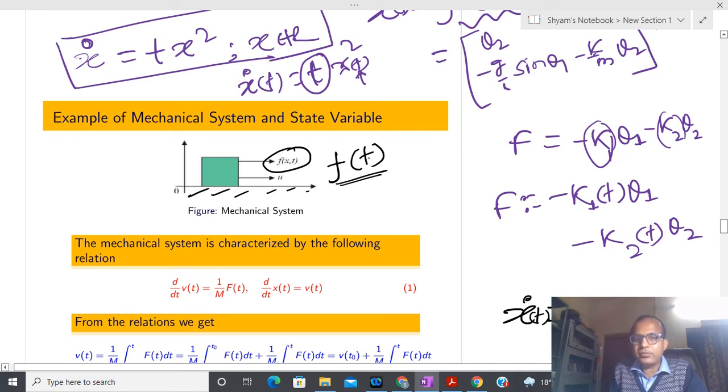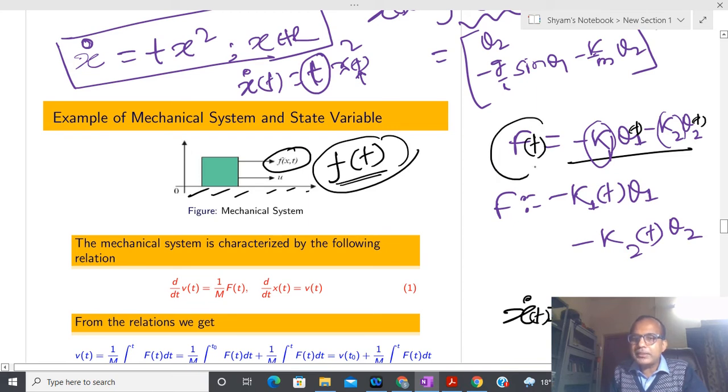Even if I design k1 theta 1, k2 theta 2, theta 1 is changing with respect to time and gives some real number, and theta 2 is also changing with respect to time and gives a real number. So similarly, either you can write F(t), which means theta 1 and theta 2 are evolving, and whatever quantity comes into the picture is a function of time. Anyone has confusion on this notion?